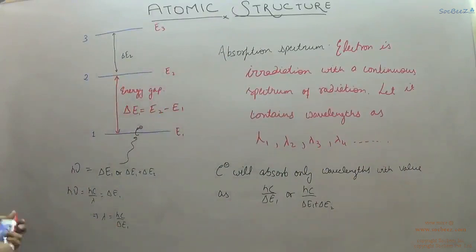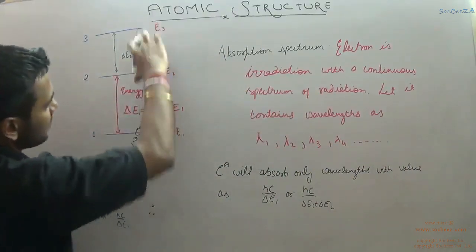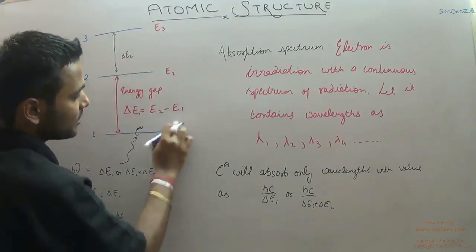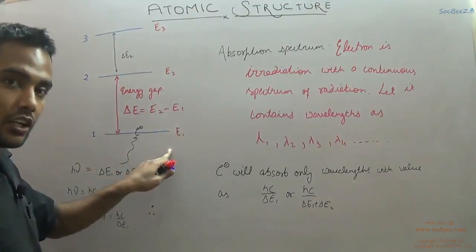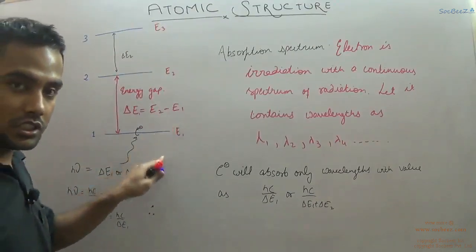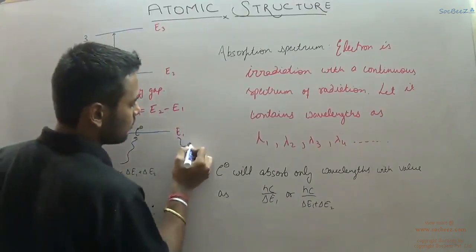Suppose only three levels are there. The very first energy level is known as the ground state of an electron. The state in which the electron is most stable is known as the ground state.